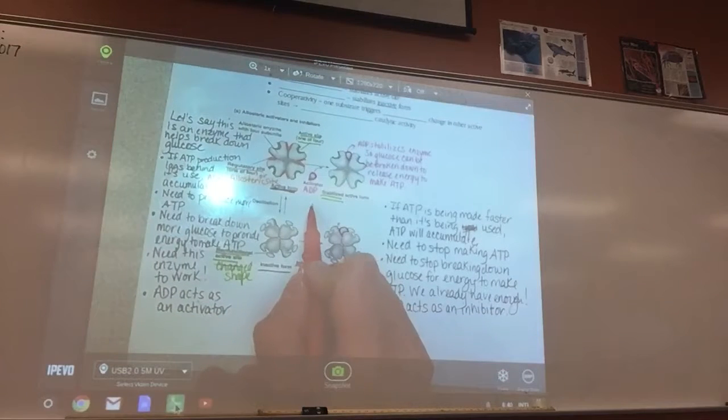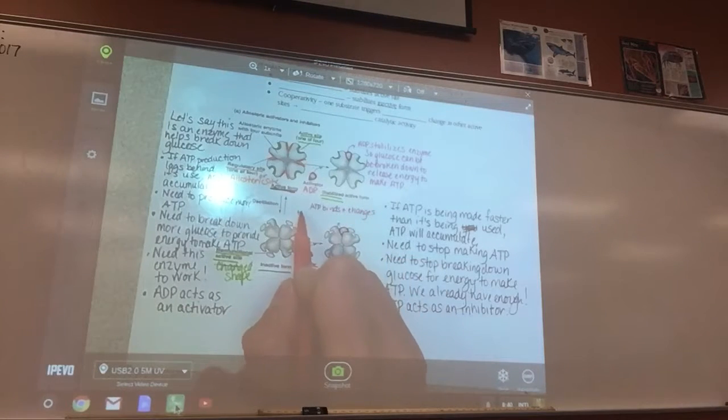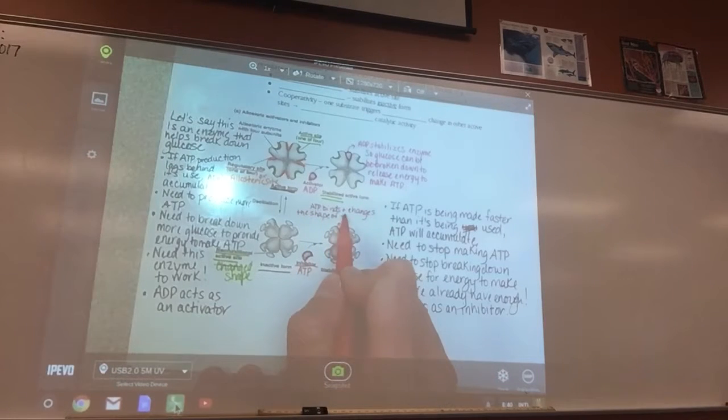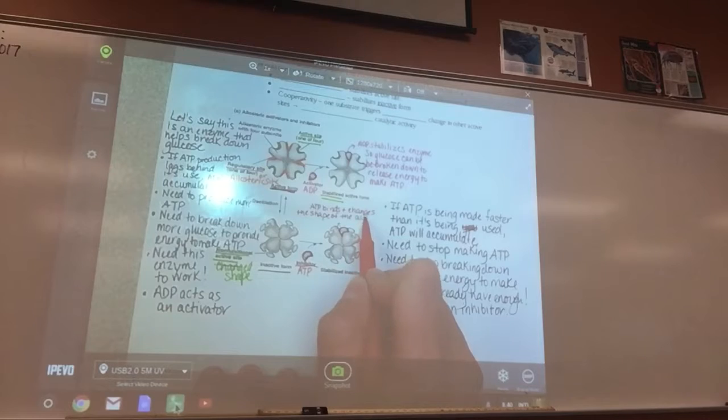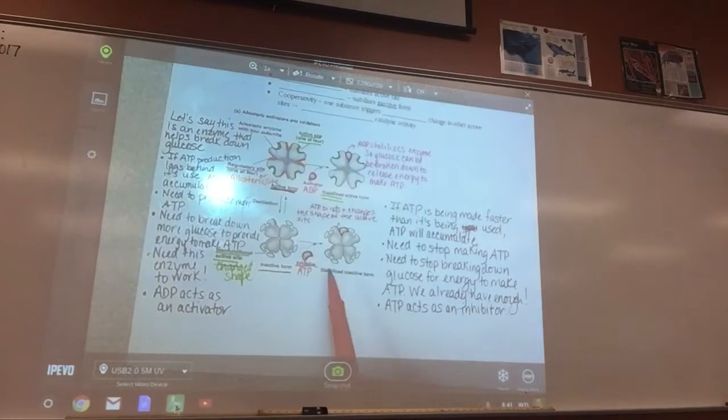ATP binds and changes the shape of the active site. So now this enzyme is in a form that cannot be used.